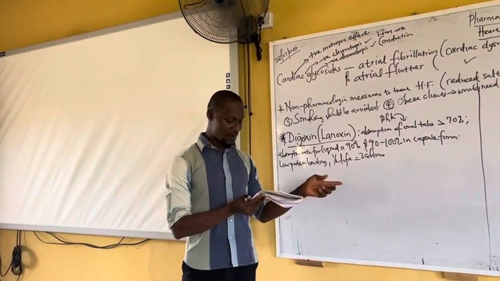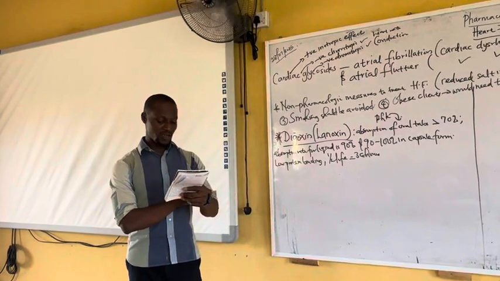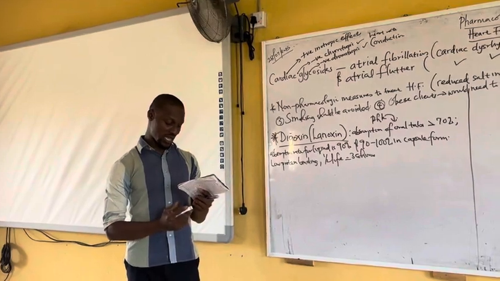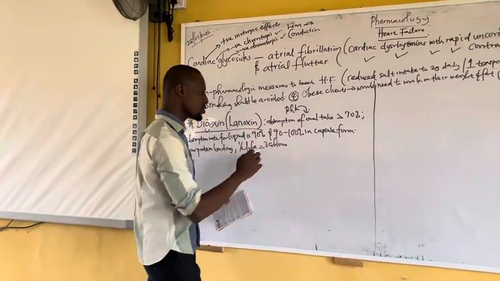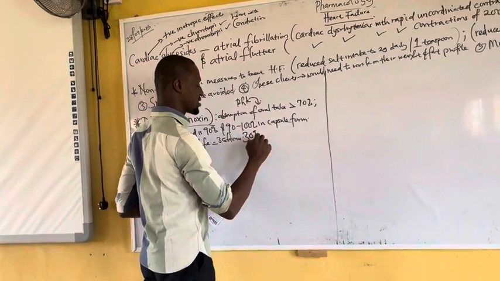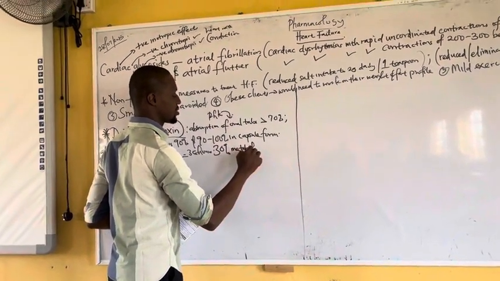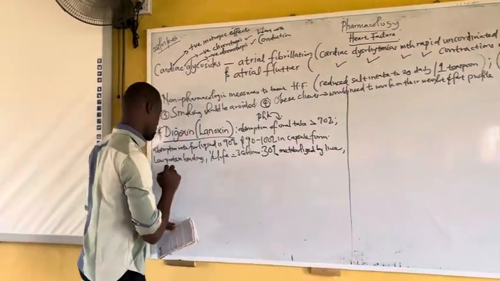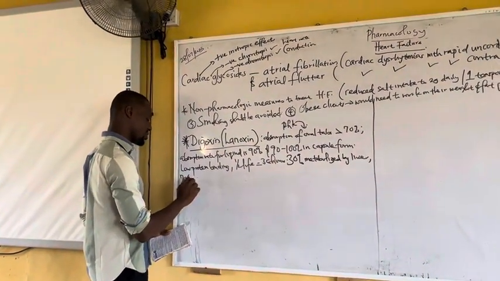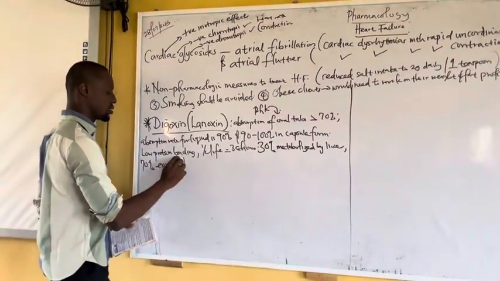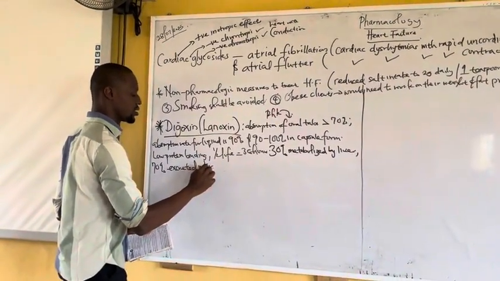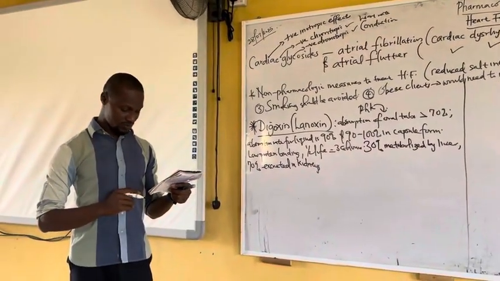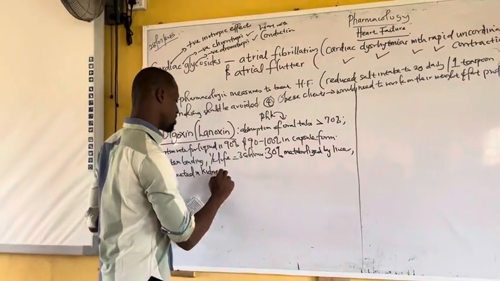So we said that the half-life is 6 hours. Now, 30% of digoxin is metabolized by the liver and 70% is excreted via the kidneys, mostly unchanged.